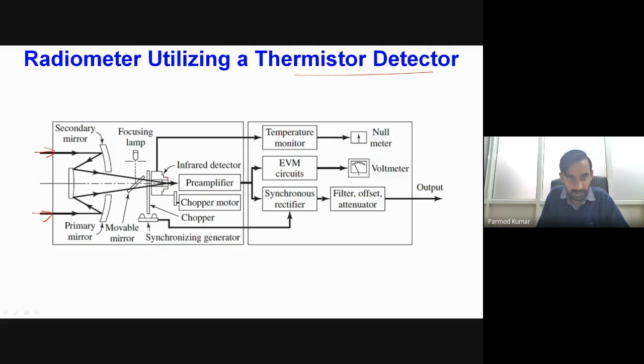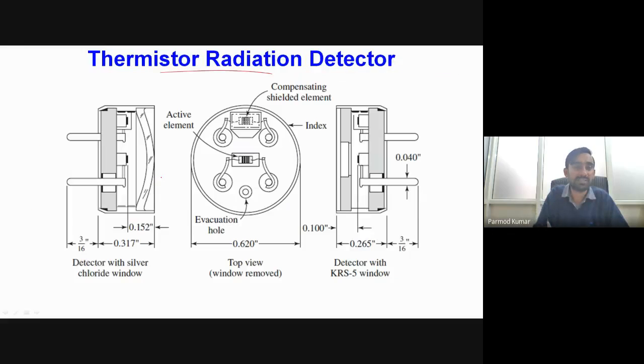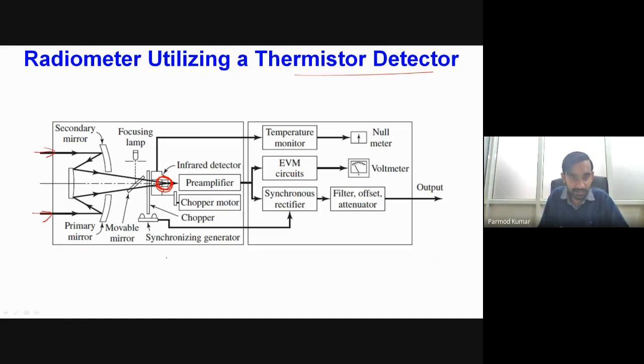This is the main junction where we focus our entire light, and at this junction we will have an arrangement, something like this, with a thermistor sensing element.